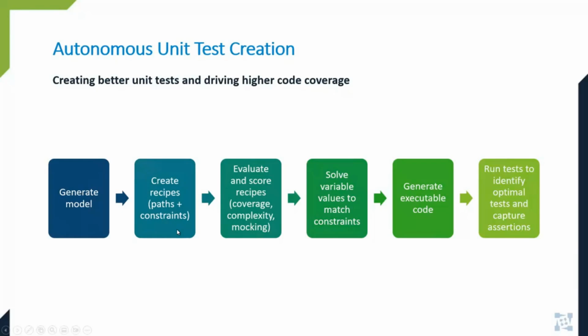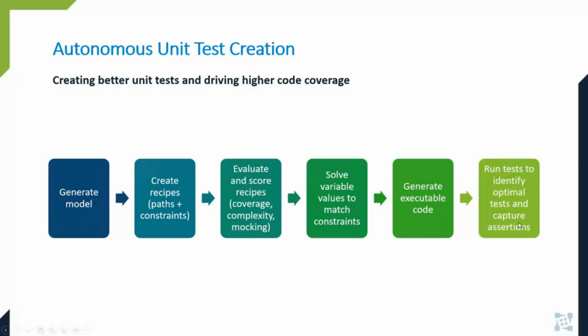So a recipe is essentially a code flow path and the constraints required to get there. Those recipes are then evaluated and sorted. So we will look at the expected coverage on a per recipe basis. We'll look at how complex the resulting test might be. We'll look at a number of different aspects and basically try and pick the very best ones.